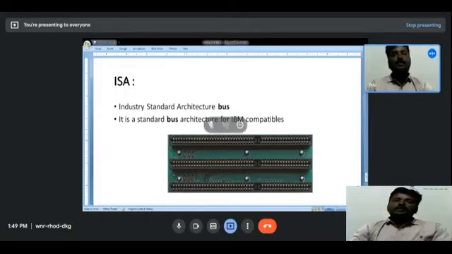In this session, we have seen the different types of bus transmission, bus architecture, and the features of buses. In the next upcoming video, we shall see the various types of arithmetic operations performed in computer architecture.